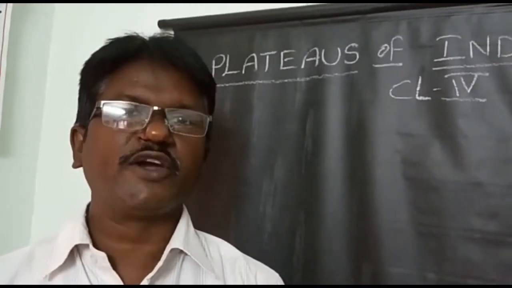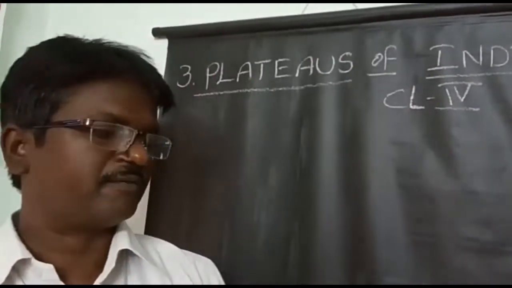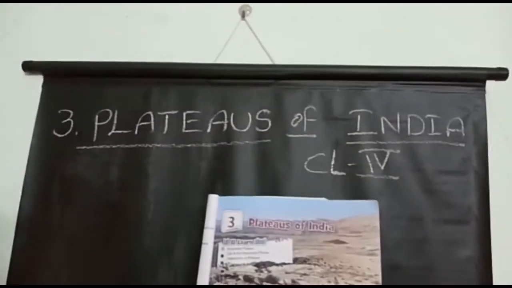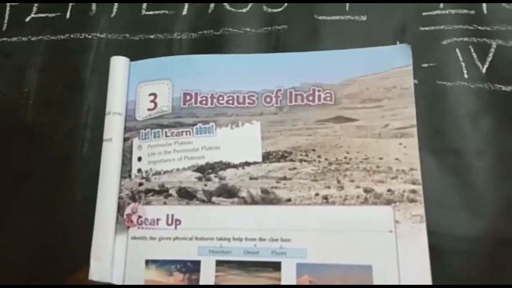Today we are going to discuss class 4, lesson number 3, Plateaus of India. Before I start the lesson, I will show you some pictures. What are the pictures' names? Please identify.